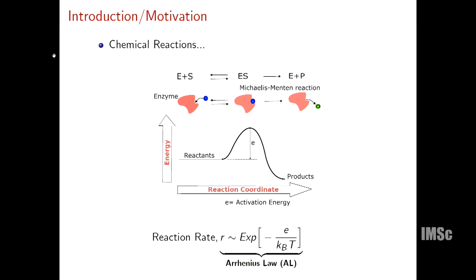So the whole chemical reaction can be thought of as an escape process, and here is how. So we can think of it as an escape of reactants to form product. So the reactants has escaped through some kind of barrier, and it has formed products.